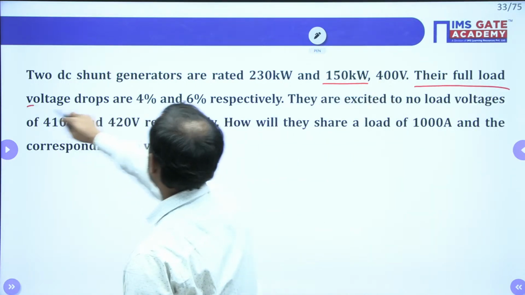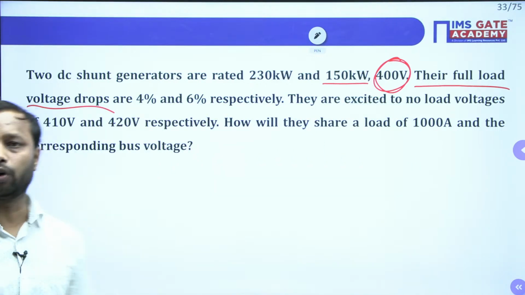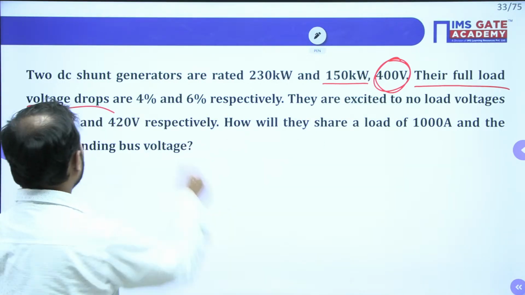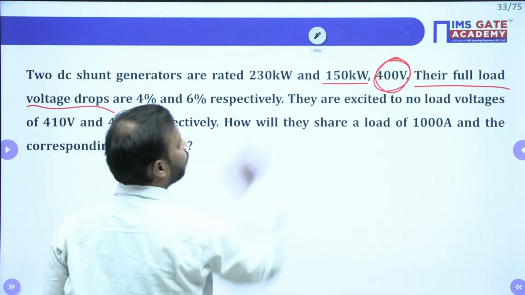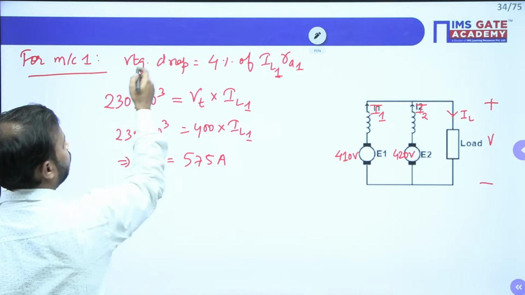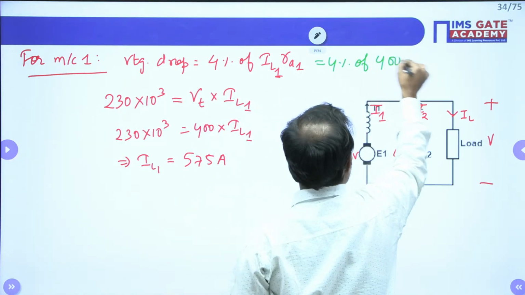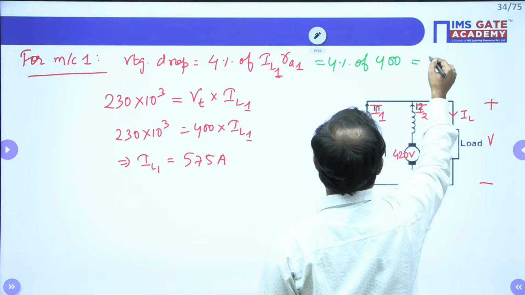So this is the full load voltage drop, and the full load voltage is 400. So this voltage drop is 4% of 400, which is equal to 16 volt.